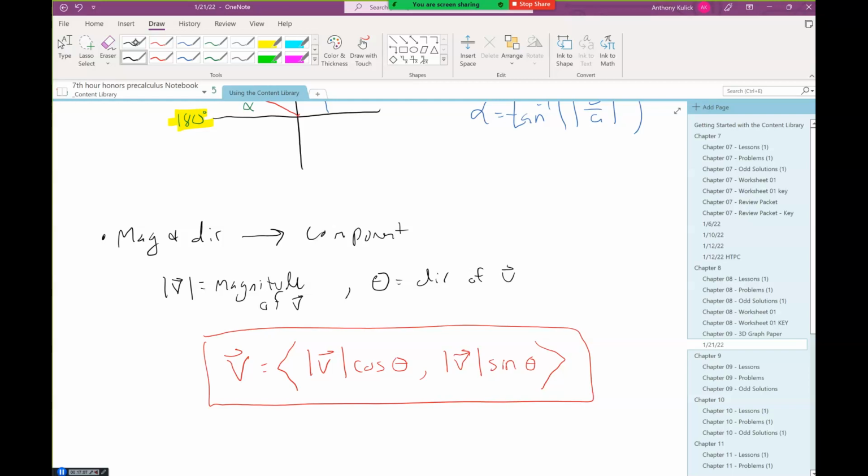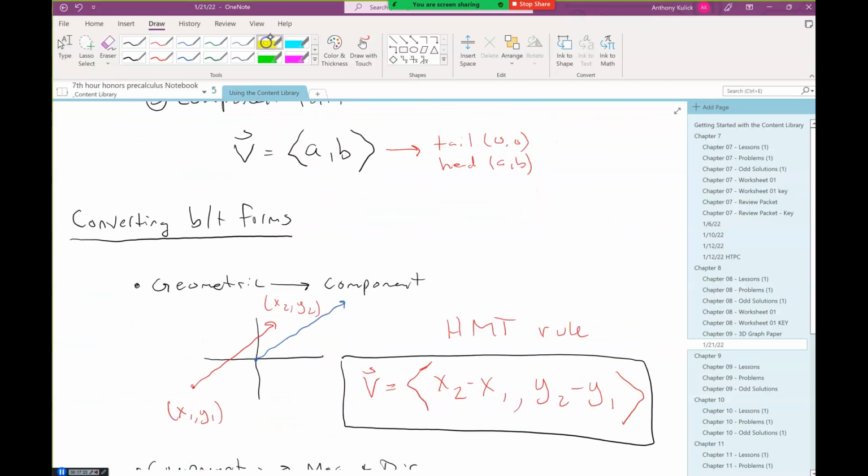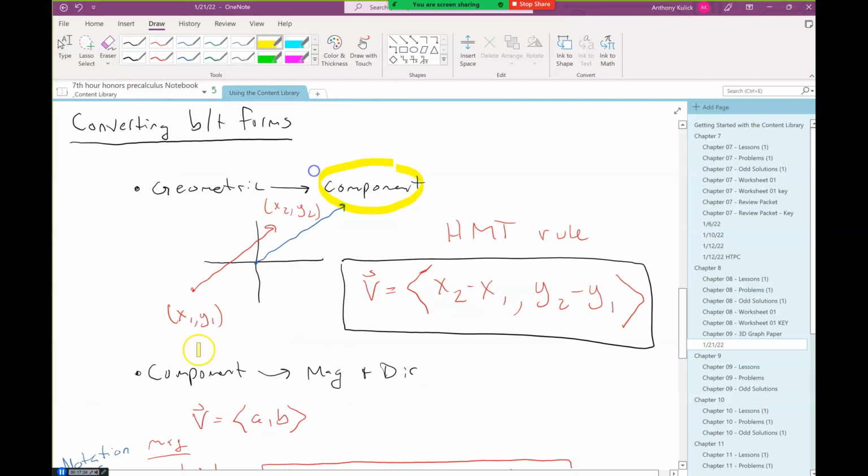so this is it. This is all we need. Notice that I'm not going to do a geometric to a magnitude and direction. Why not? Well, because I would just go geometric to component and then component to magnitude and direction.